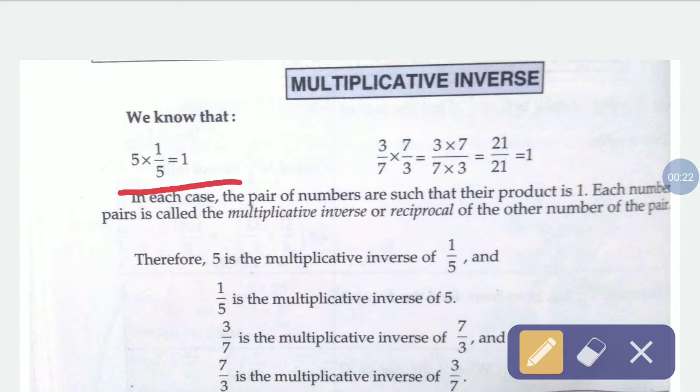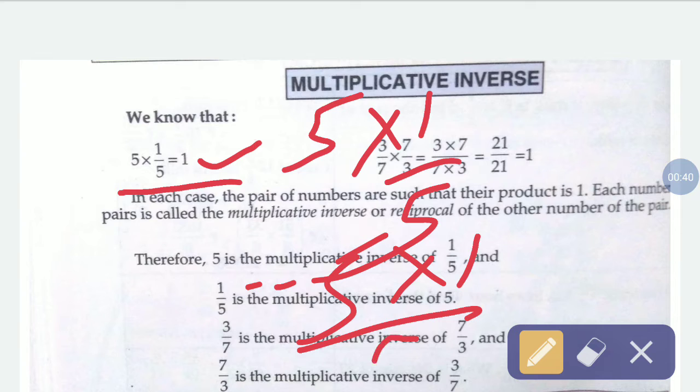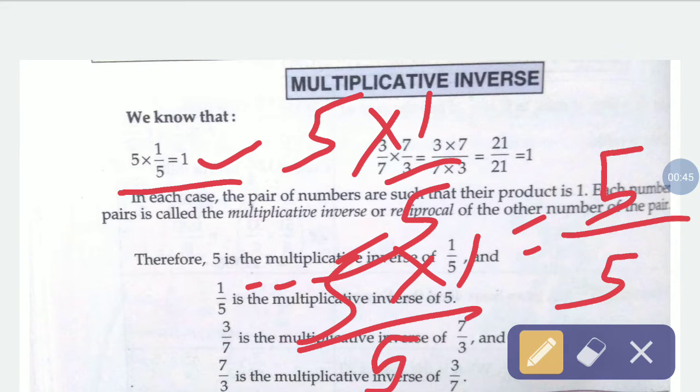Just previously we have seen the multiplication: 5 multiplied by 1 upon 5 gives 5 upon 5, and that will definitely be equal to 1.